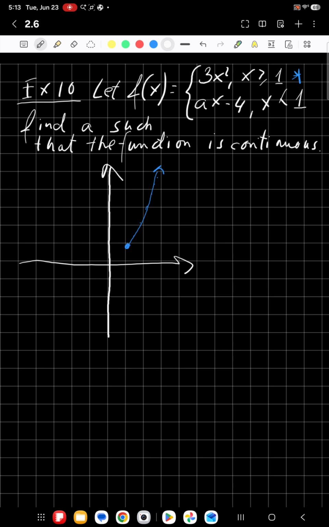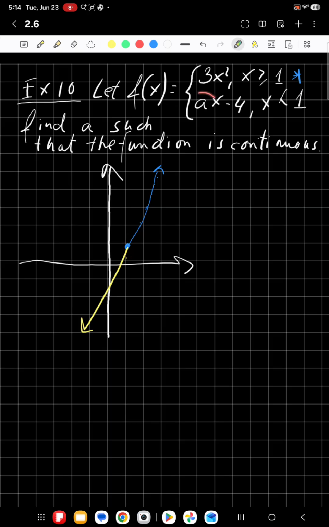So that's the parabola, and then the other function, something like this. You see that the point of discontinuity can only be here.